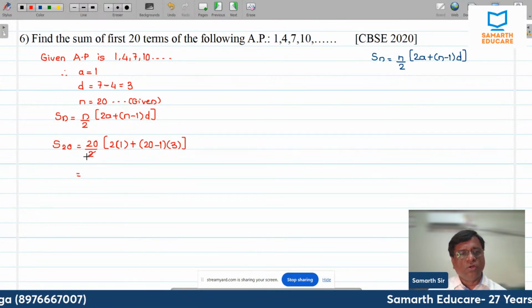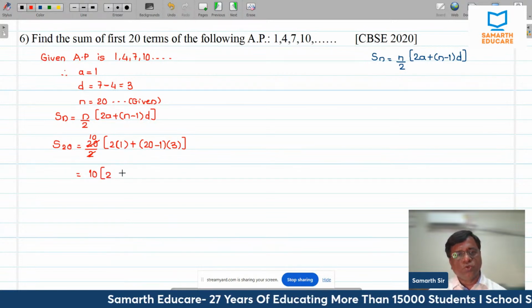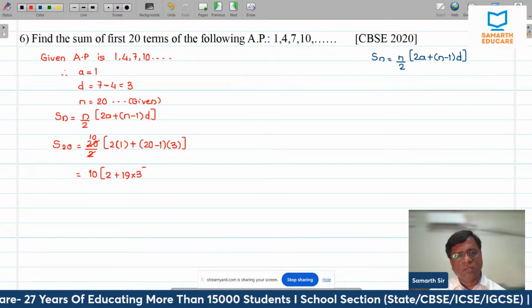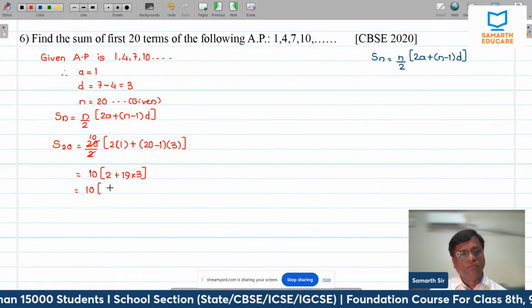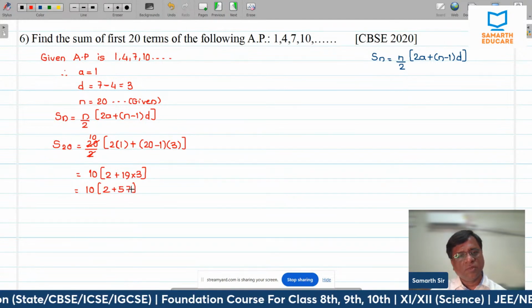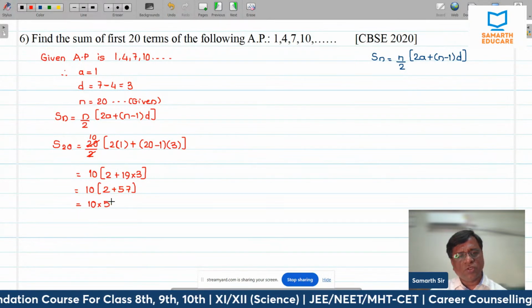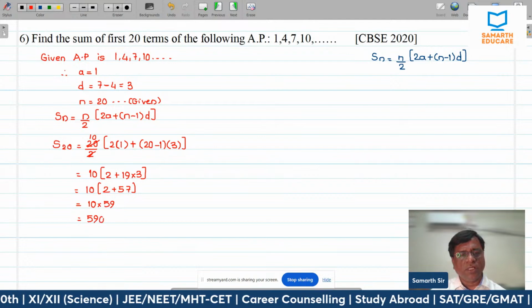Now here 20 upon 2 is 10, so I'll write 10 here. Okay, 2 into 1 is 2 plus 19 into 3, so this is 10 into 2 plus 57, and that is 10 into 59, which is equal to 590.